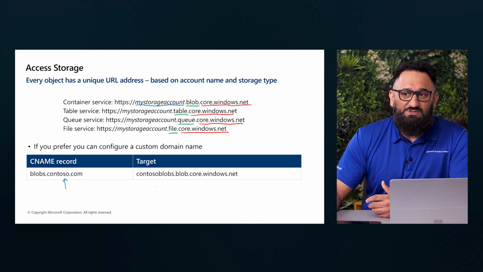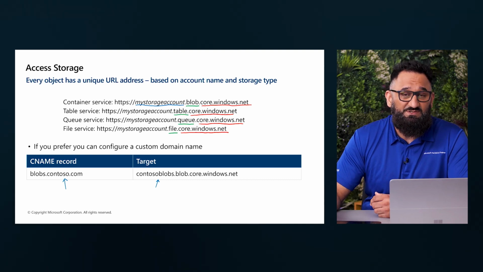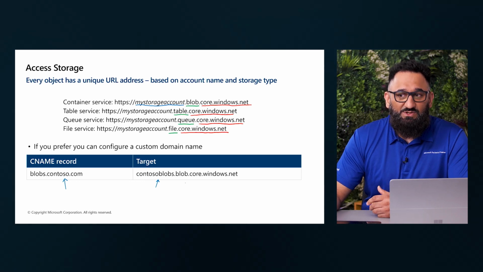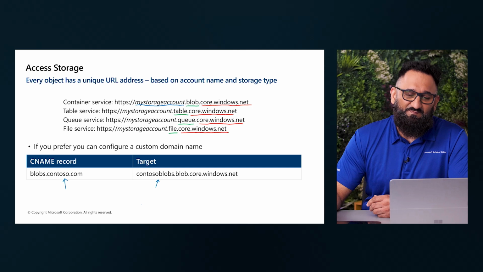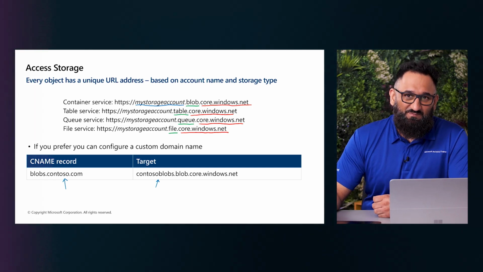So you could use a CNAME to direct your traffic to your own custom domain name. You have some of those options. Otherwise, by default, it will be your account name .blob.core.windows.net. Now let's jump into the portal and start creating a storage account.